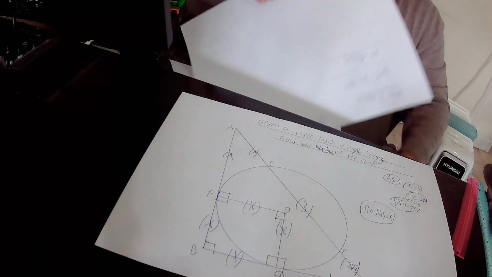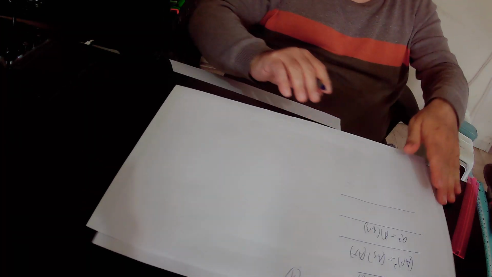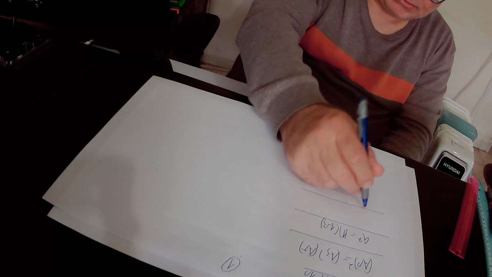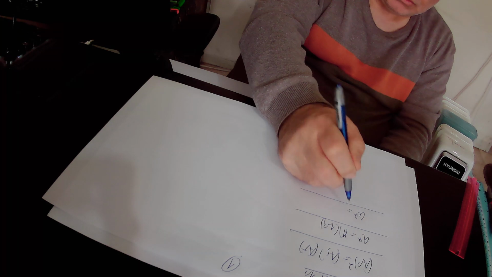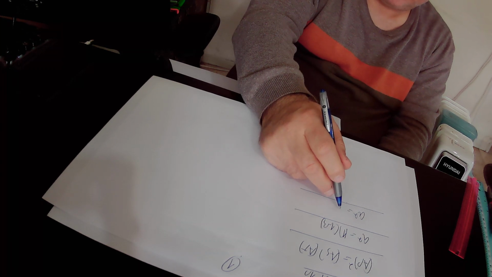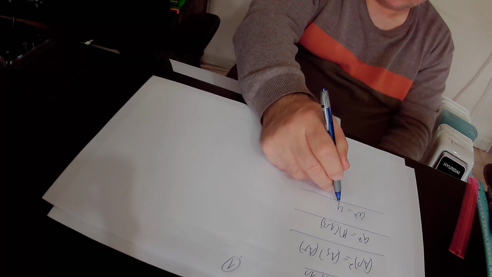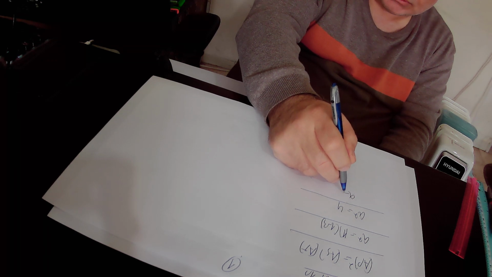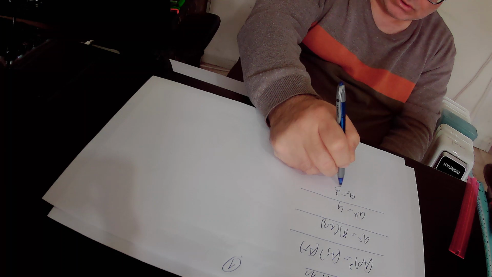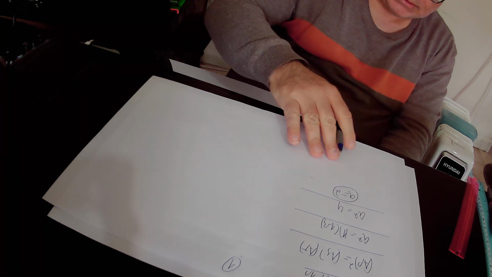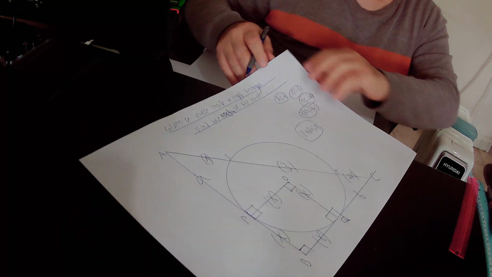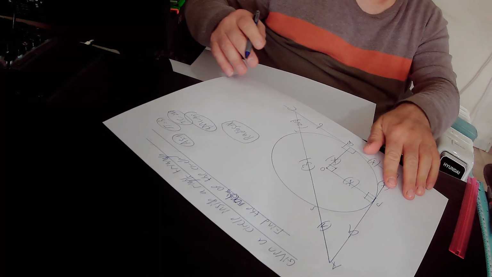In conclusion, we found out that A squared equals 1 times (1 plus 3), so A squared equals 1 plus 3 is 4, and 4 times 1 is 4, so A squared equals 4. Here we take a root of this equation, and finally we get that A equals the square root of 4, that is 2. So A equals 2 units in its length, so I write it down in the drawing. Here A equals 2 units in its length.